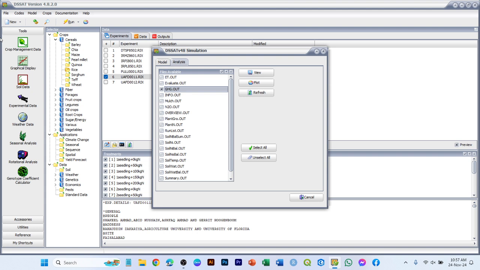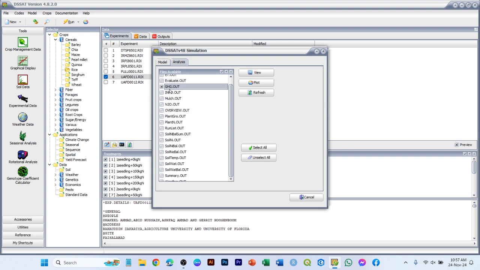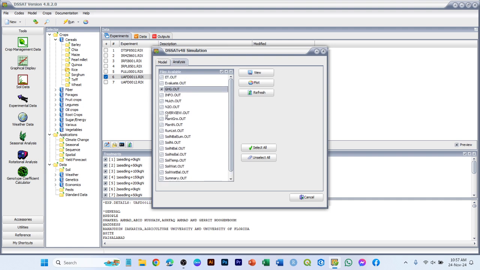If someone wants the information about all the experiments, they have to click over there. Some soil scientists have mulch experiments, then they have to run this one. Some soil scientists have nutritional experiments on the soil, then they have to go for this one. And the same for different types of soil, nitrogen balance, soil temperature, water balance, and so on.